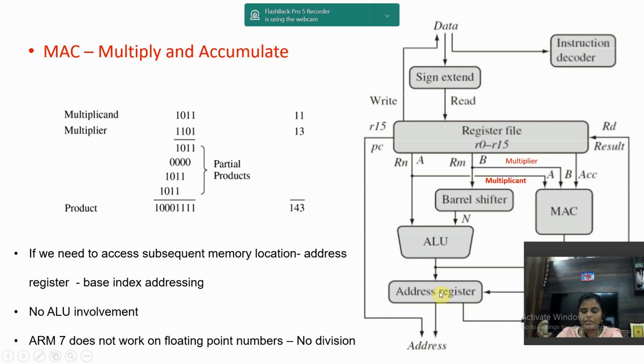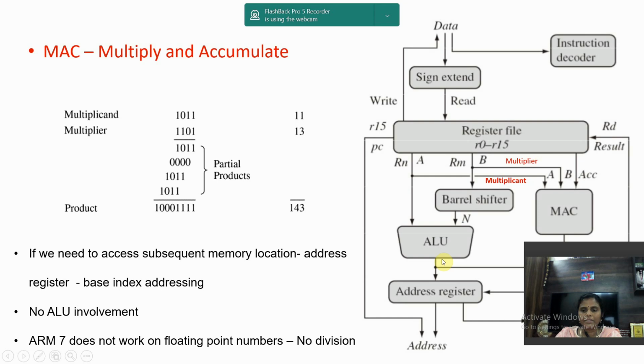Then once 4101 is given to the address bus, the address register is incremented to 4102. Is it clear? So when we want to access the subsequent memory locations, I need an address register and an incrementer. I don't want to disturb the ALU.